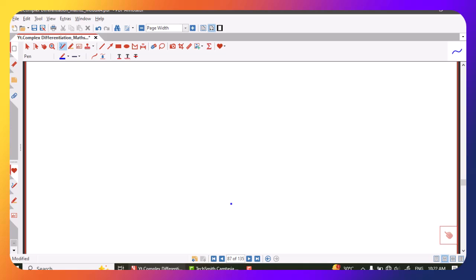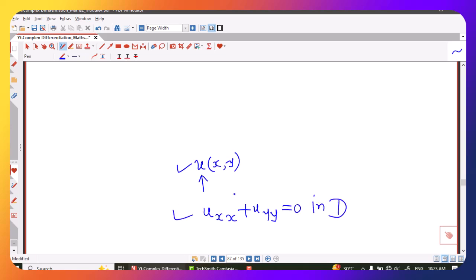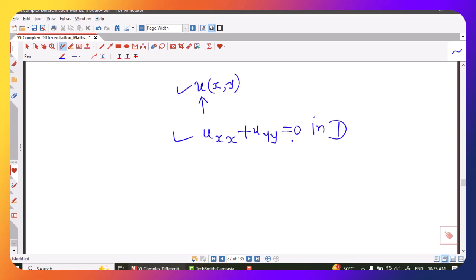So this is a very easy definition. For harmonic functions, they can ask you to check whether a given function is harmonic in a given domain or not. All you have to remember is two conditions. First condition is first and second order partial derivatives of u are continuous in a domain D. Second condition is u satisfies Laplace equation in a domain D. And if these two conditions are satisfied, then we can say that u is harmonic in the given domain D.